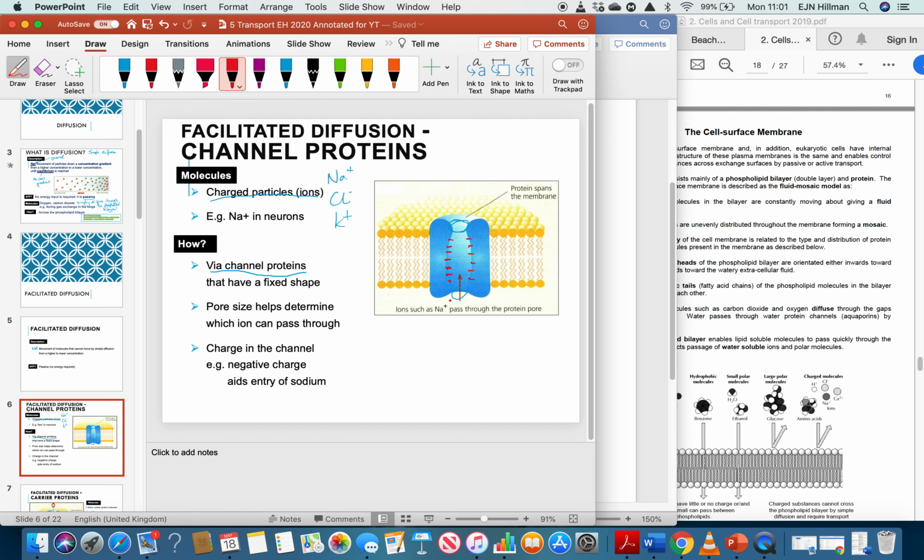For example, here this is a sodium ion channel. The amino acids will have R groups which are negatively charged, and they face towards the pore, towards this channel, and that allows the sodium ions to move through. So that's facilitated diffusion via channel proteins. These are the ions.